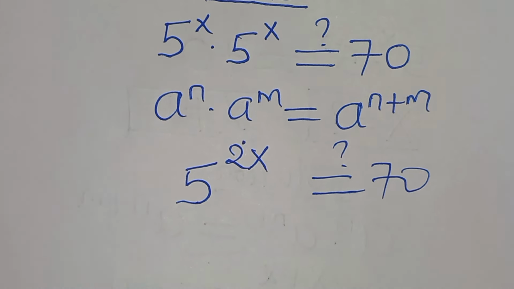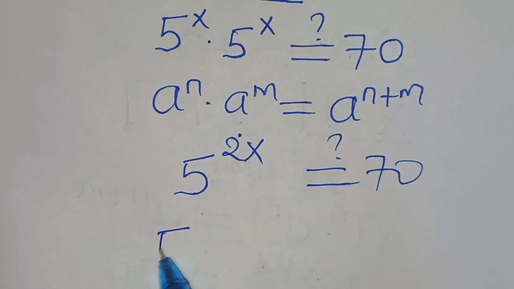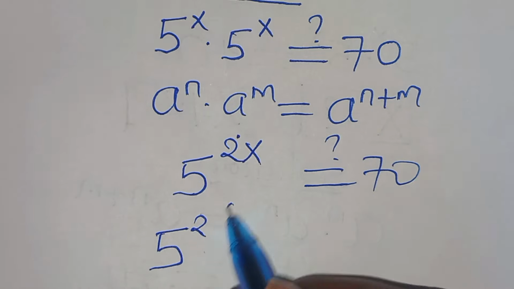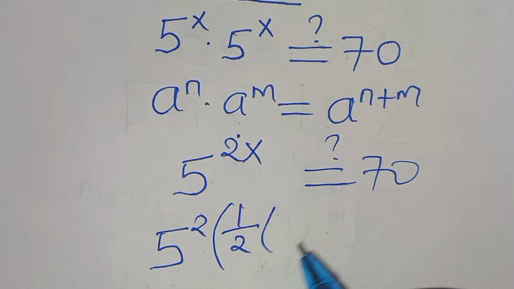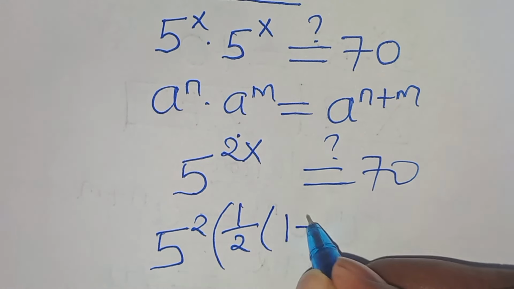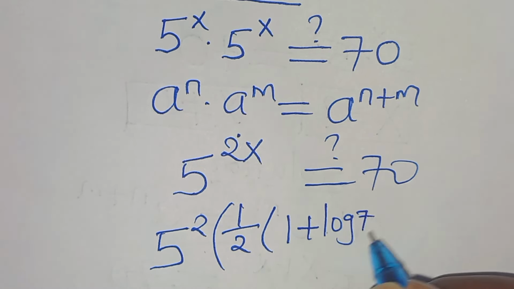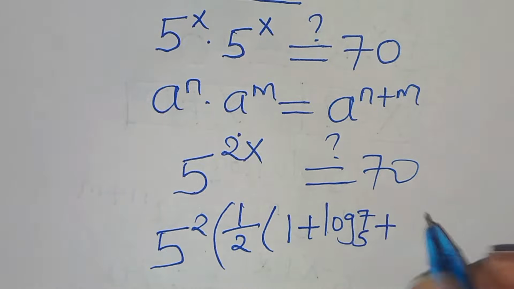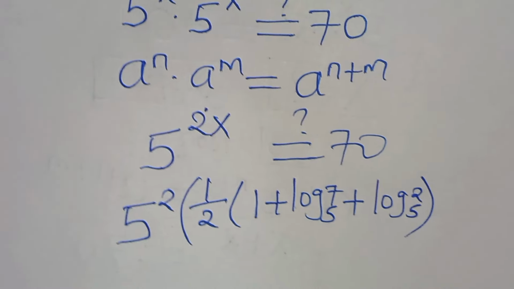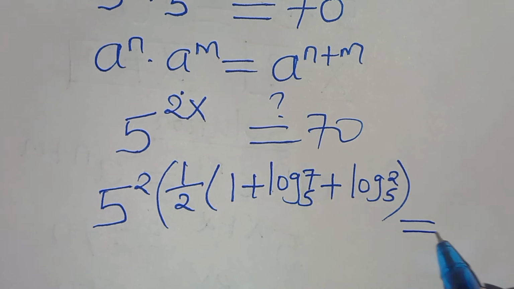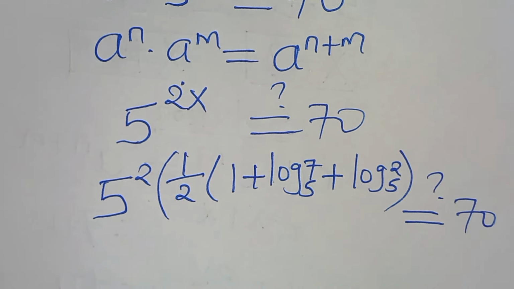So let's substitute the value of x from here. We have 5 to the power of 2 into the parentheses. We have x equal to a half. This is 1 plus log 7 to base 5, then plus log 2 to base 5. This is supposed to give us a value of 70.